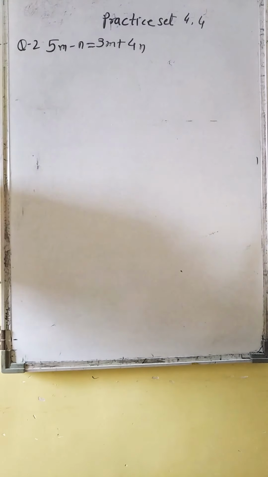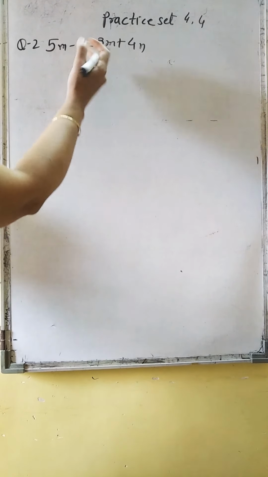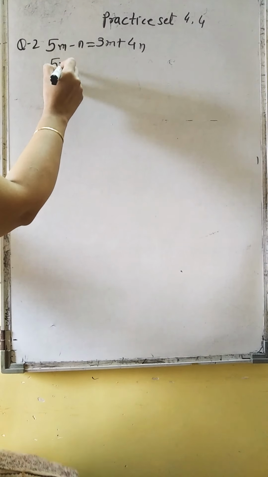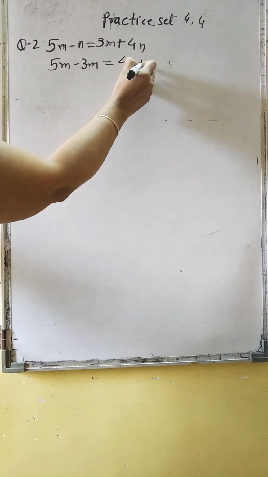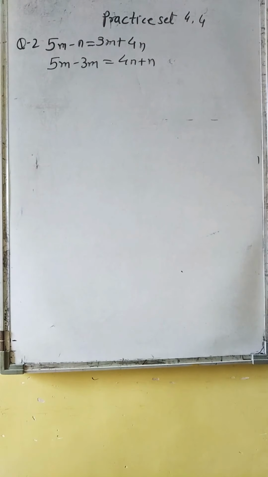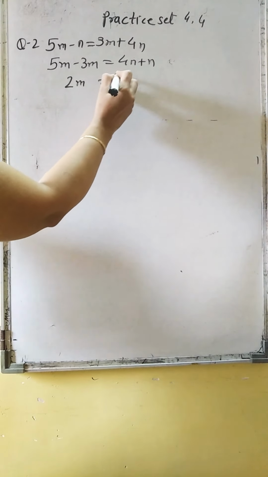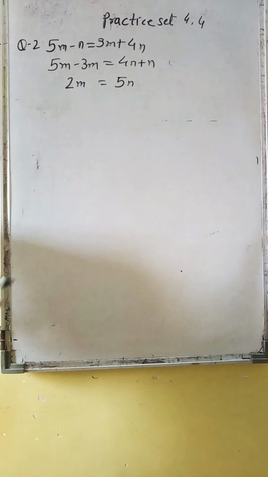So what I am doing is taking all m together and n together, and then I will try to get the ratio. Chalo. So 5m minus 3m is equal to 4n plus n. Followed? So this will be 5m minus 3m is 2m and 4n plus n is 5n.